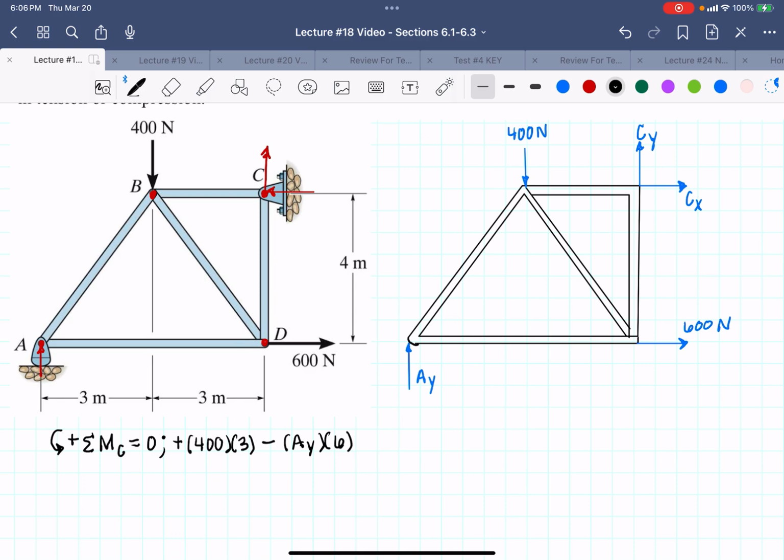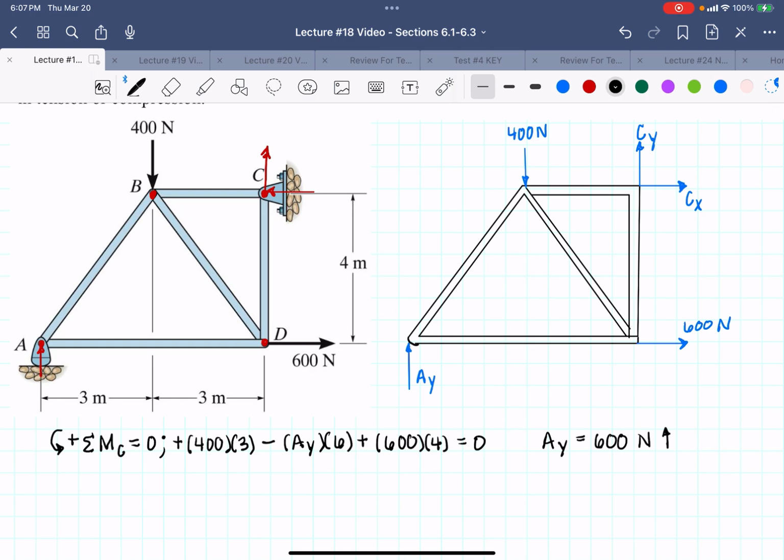And then I have the 600 newtons, which is pushing me counterclockwise, so it's positive, and its distance is 4 meters, equals 0. When I solve for that, I get that A of Y equals 600 newtons. I assumed up, and since it's positive, that means my assumption was correct, so A of Y is 600 newtons in the upward direction.